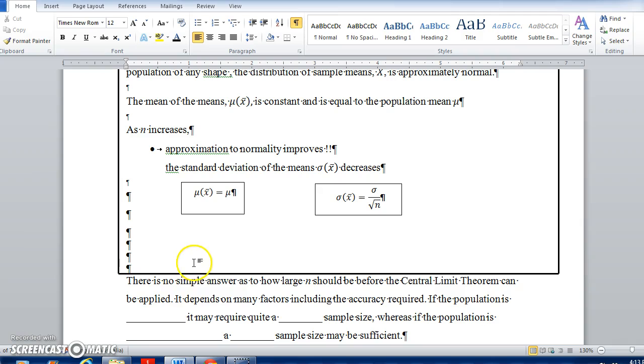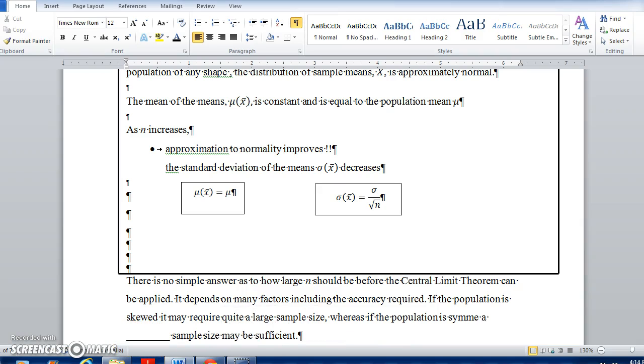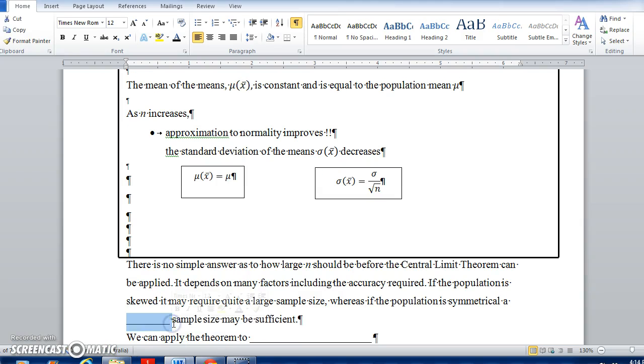Okay, so you might be wondering how large n should be before the central limit theorem can be applied. It depends on many factors, and if the population is skewed, it may require quite a large sample size, but if the population is symmetrical, a small sample size is really sufficient to use the central limit theorem.